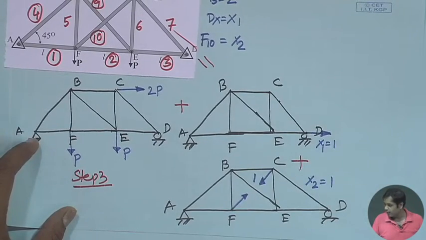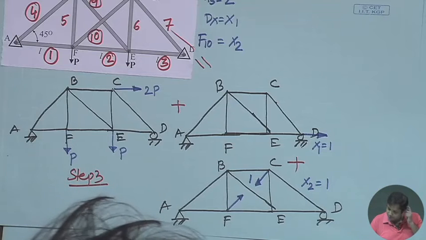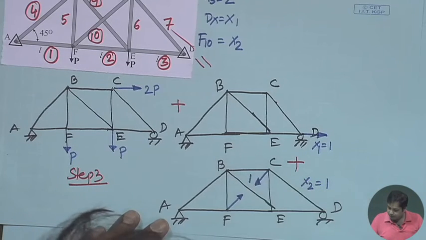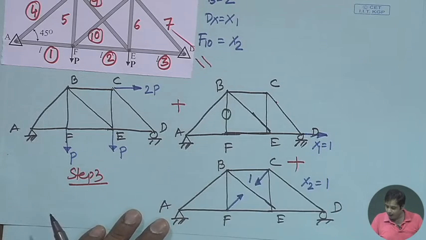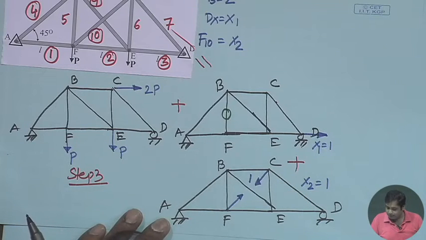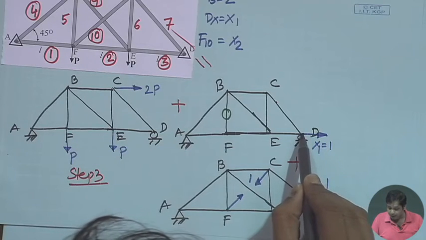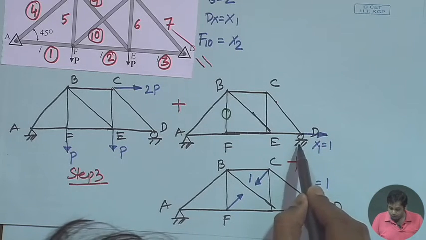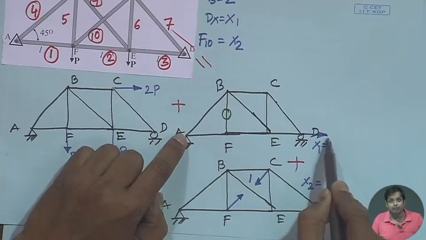You can again do that, but let us see whether we can slightly reduce the problem by identifying the zero force members. Now, look at this joint, this is a zero force member, okay, and if this is a zero force member, then also, since this force is being applied here, if you take moment about A, this will not contribute to the moment.